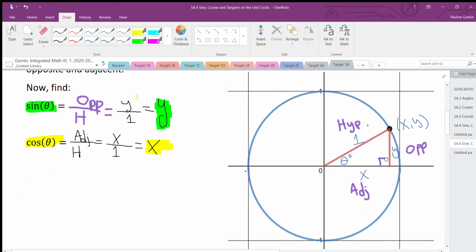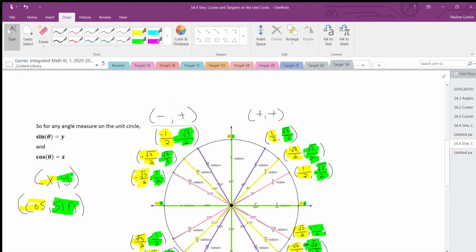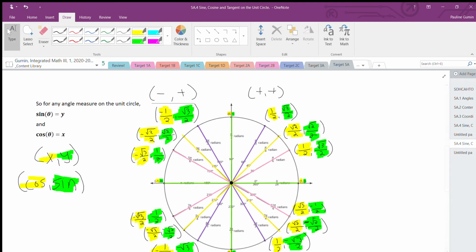Let's transfer that to the unit circle. Here it is. All of our unit circle values are labeled. I have my reference angles the same color as the angles that they reference. So we have our 30, 150, 210, 330, all marked in pink. The 45s are marked in yellow, the 60s in purple, and of course our 90-degree ones are marked in green.